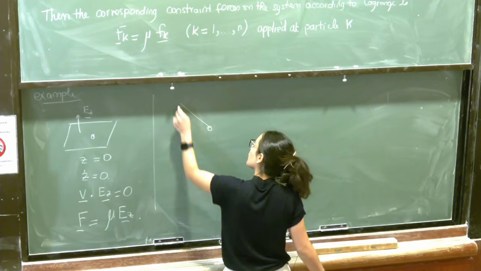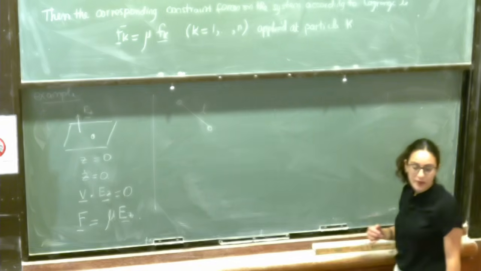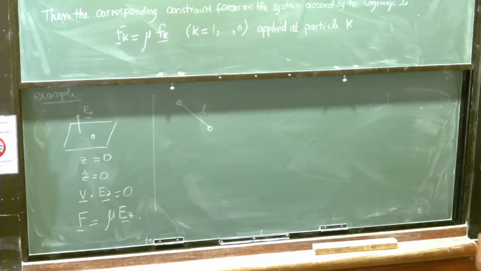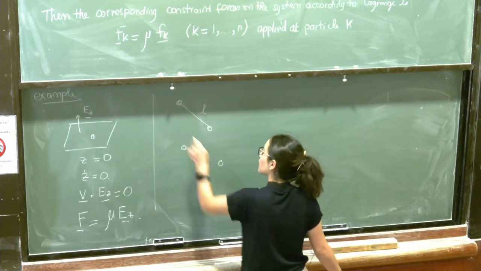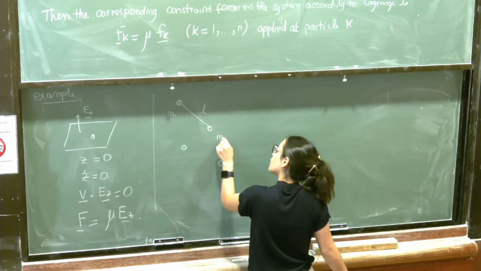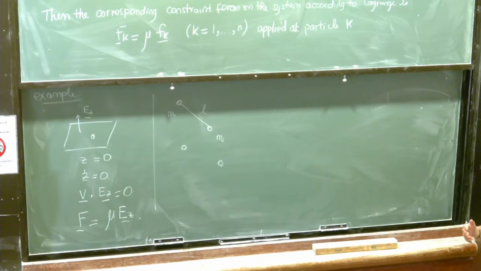For the system of two particles attached by a rigid rod of length L, if I were to draw the free body diagram of these two particles, M1 and M2, what would be the forces acting on these particles? You have weights and normals, correct?